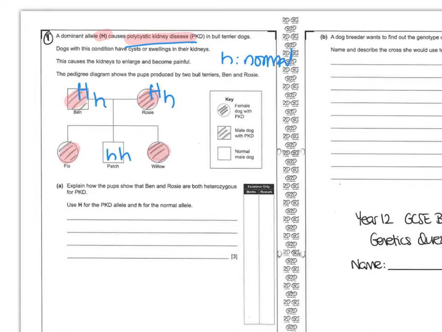And that means that he or she must get a recessive allele from each parent. But each parent has PKD or is a sufferer, therefore must also have a dominant allele.